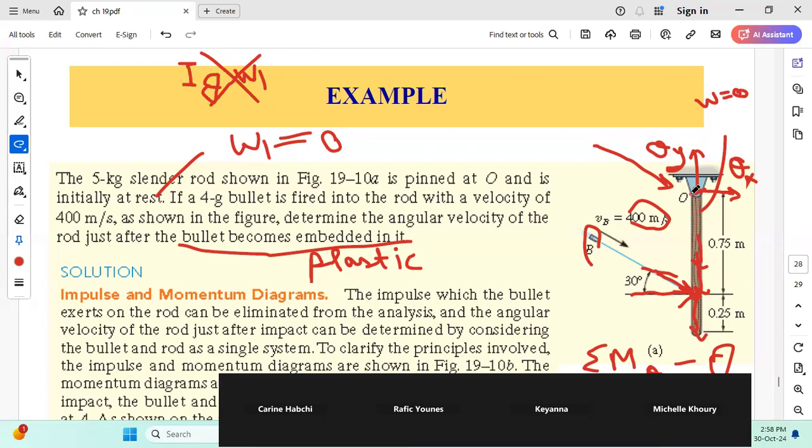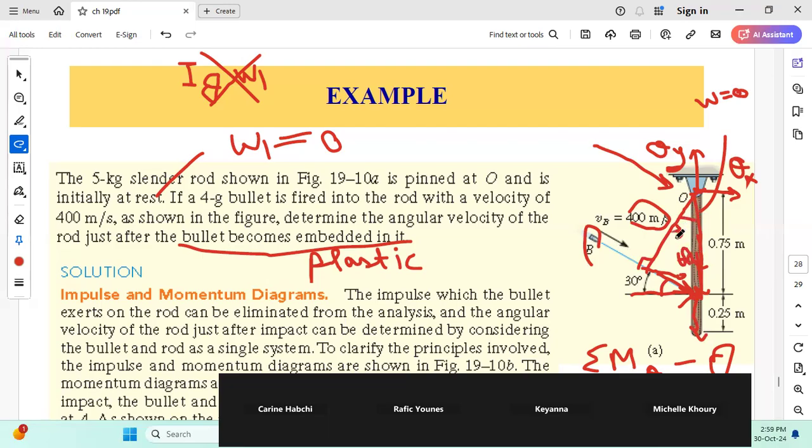The first method, if we don't want to decompose VB into X and Y, we just have to find the perpendicular distance from O to VB. Geometrically, it's easy to find because this distance here is 0.75, and we know that this angle is 30 degrees, so this one will be 60 and this one will be 30 here.